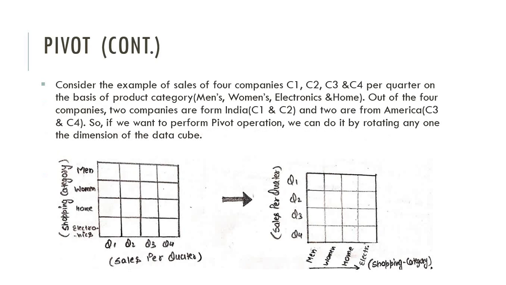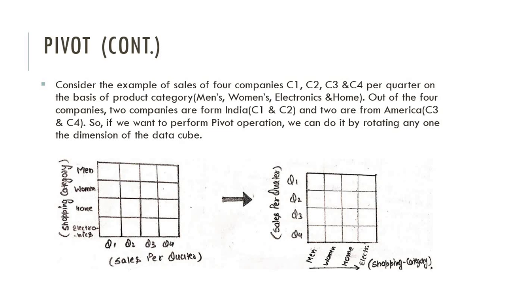So let's understand with example. We have 2-dimensional data which has 2 dimensions: shopping category and sales. To perform the pivot operation, we are just rotating our data by a 90-degree angle. After that it generates another view of the same data.